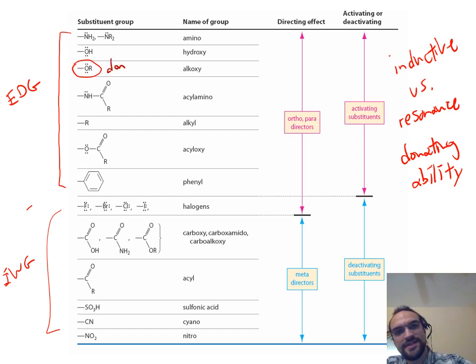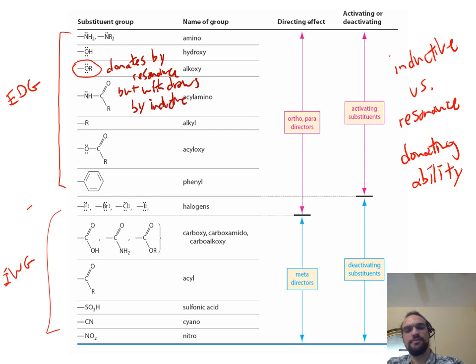It donates through resonance because of the lone pairs. But it withdraws by the inductive effect, through the bonds instead of through the pi system. So that is something to keep in mind as we go through this.